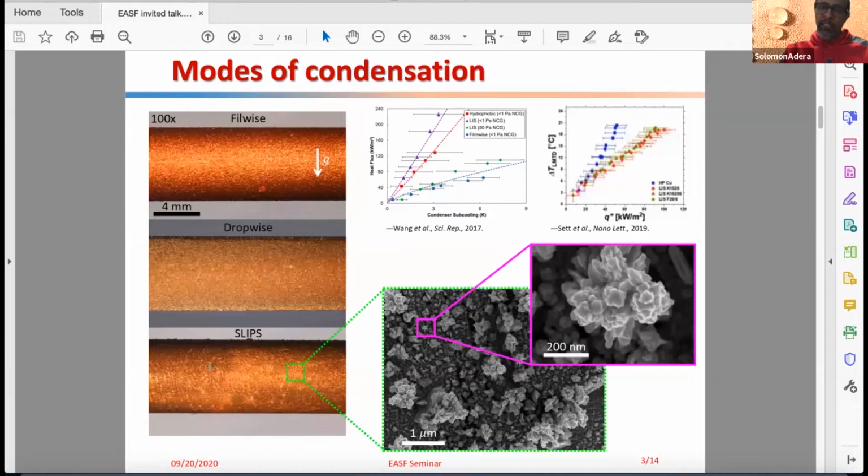When the surface is nanostructured and lubricated with oil, due to enhanced droplet mobility, the droplets shed faster and at a higher frequency, and the heat transfer coefficient increases by about 30%.